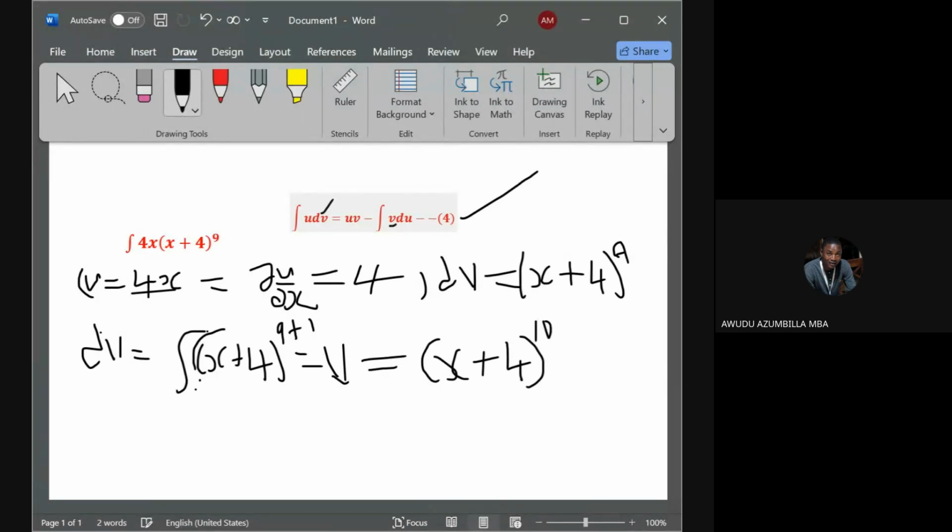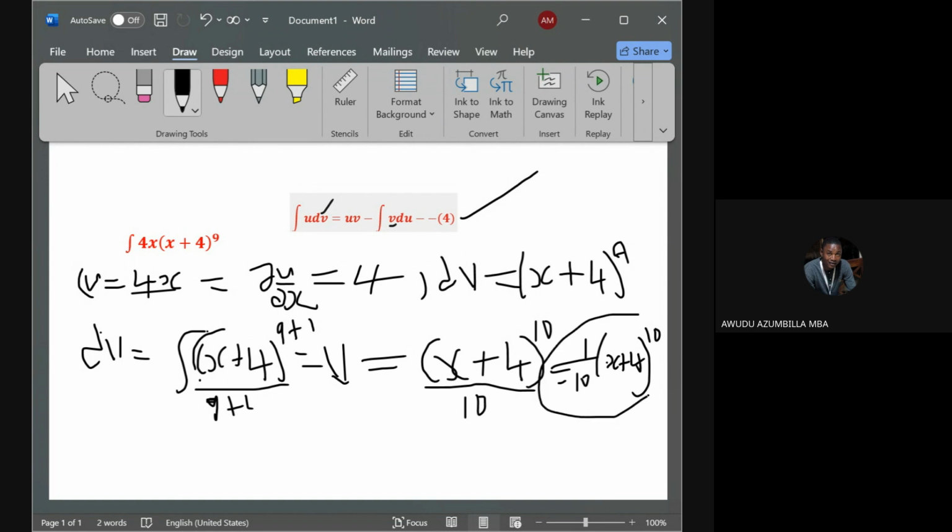Then you divide all by 9 plus 1, that is 10. This simplifies to 1 over 10, bracket x plus 4, all raised to the power 10. So this is what we are going to get for the integral.